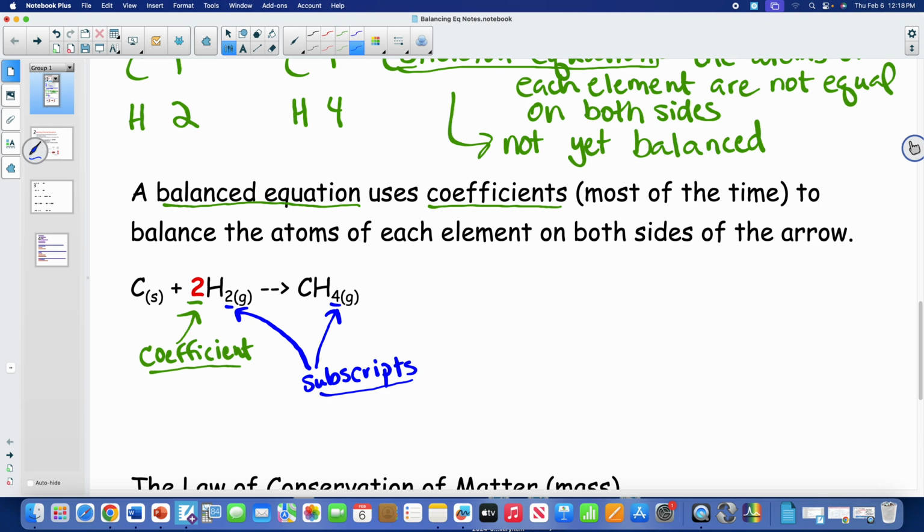There's 2 hydrogens, and they are gases. They're gases, but those 2 hydrogen atoms are bonded. So the subscripts tell me how many atoms of each element are bonded together, right? I have 2 hydrogen atoms, but they're held together by a bond.